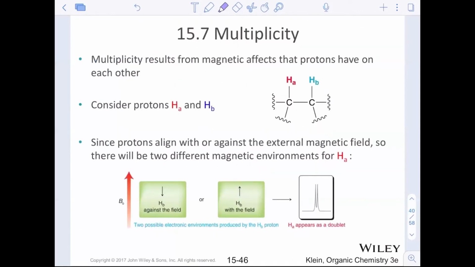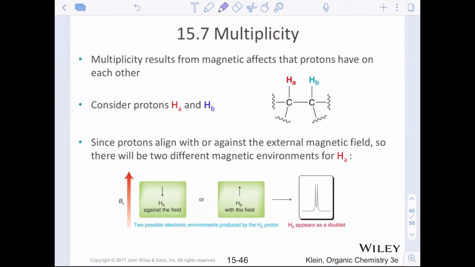Multiplicity arises from the actual magnetic effects that protons have on each other when they're neighboring. So we have these 2 carbons and we have HA and HB here, HA in red, HB in blue. Since the protons align with or against the external magnetic field, there could be 2 different types of relationships where HB is against the field or HB is with the field, and so on.